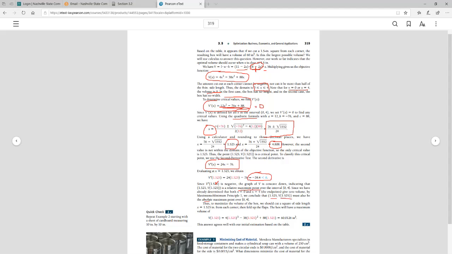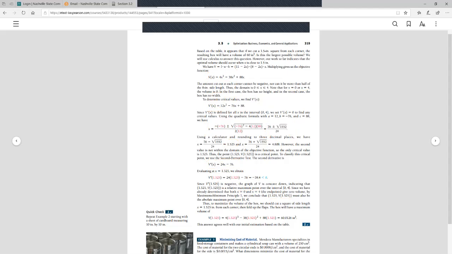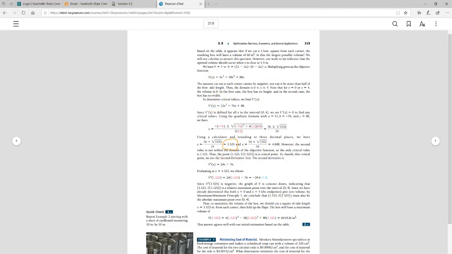Okay, why did they use the 1.525? Why did they not plug in 4.808? That's critical. They got two critical values here, but yet they only chose to use the first one.